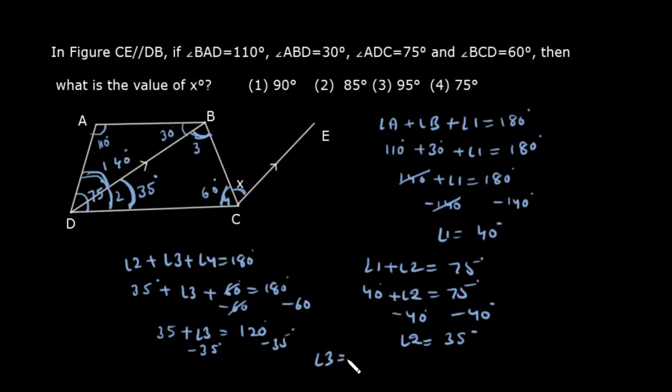So angle 3 is 85 degrees. Because BD is parallel to CE and this is a transversal, these two are alternate interior angles. So angle X is also 85 degrees.